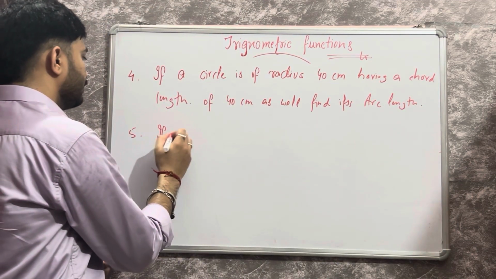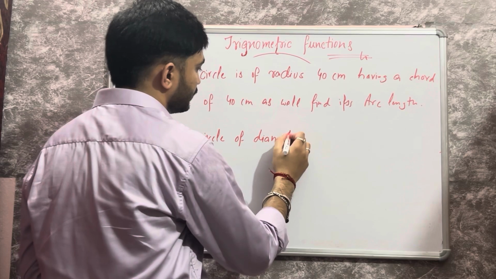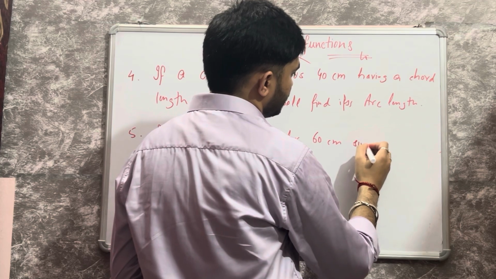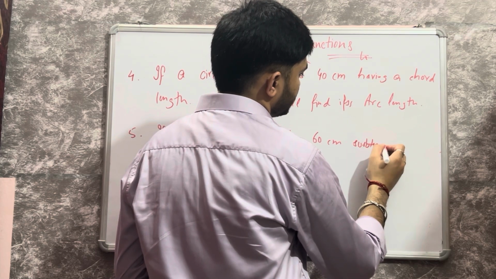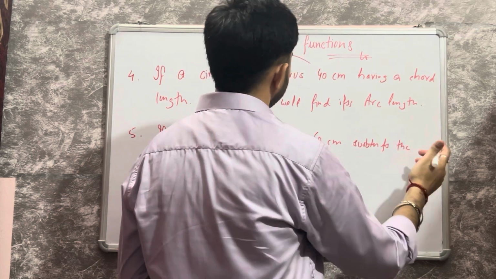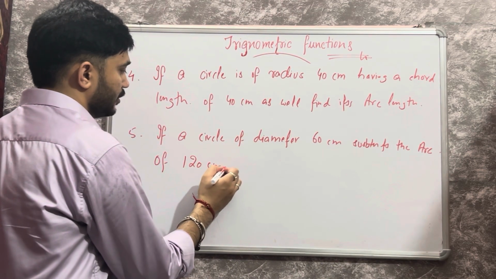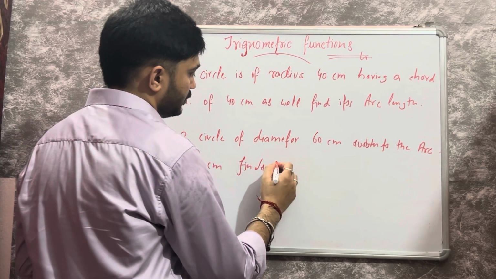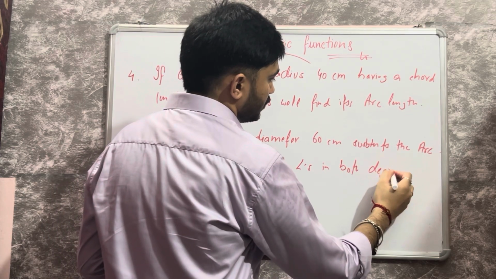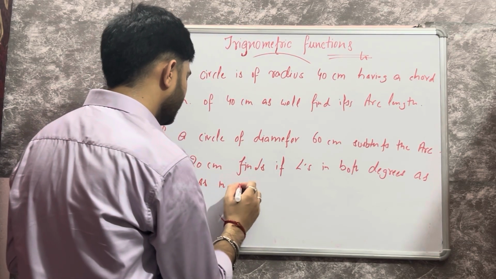Fifth, if a circle of diameter 60 centimeter subtends an arc of 120 centimeter, find its angle in both degrees as well as in radians.